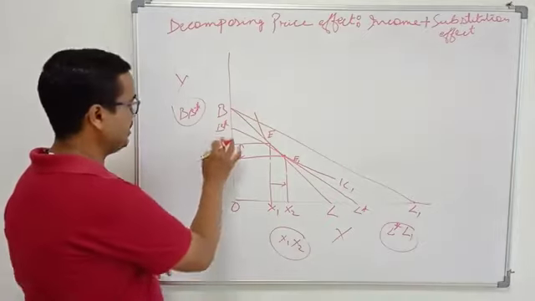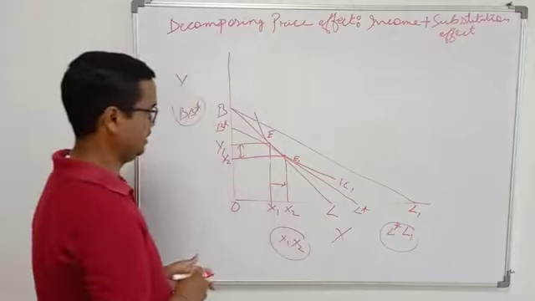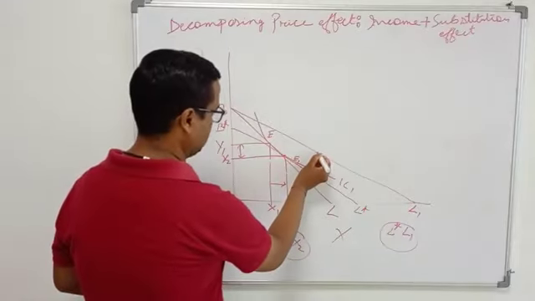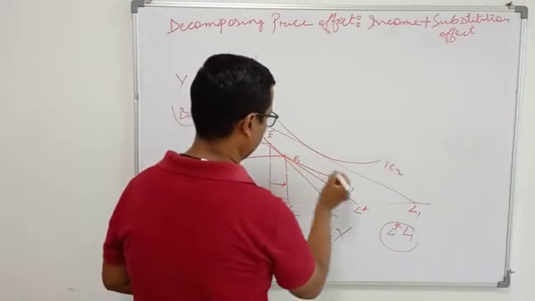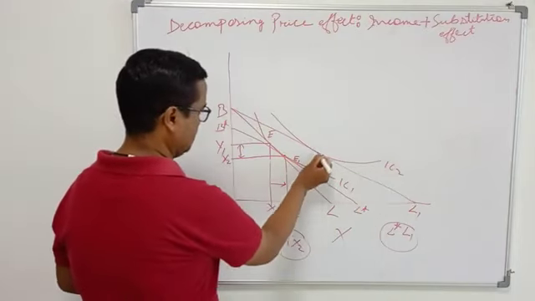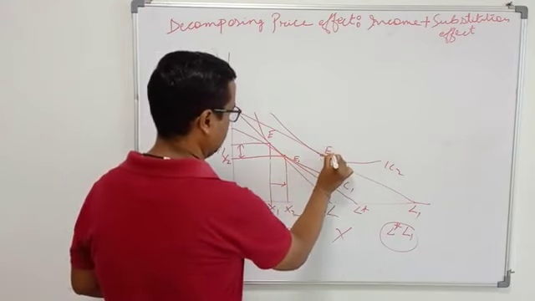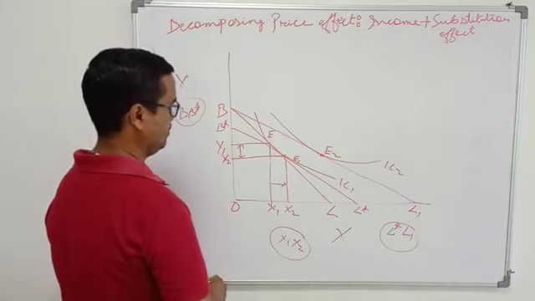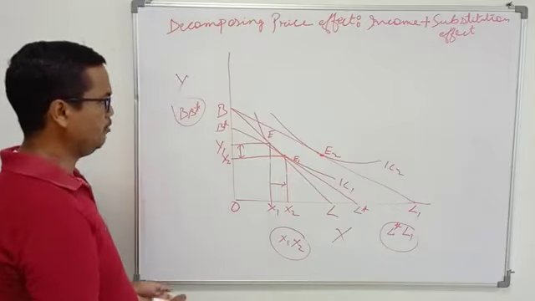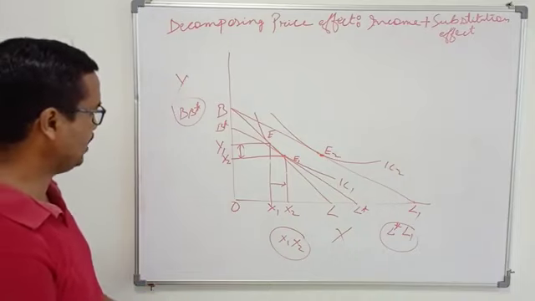As a result, the budget line B star L star will shift to BL1, and the consumer will be at a new equilibrium point on a higher indifference curve IC2. Give the name of this point as E2. Now see how much of X good and Y good the consumer is consuming.